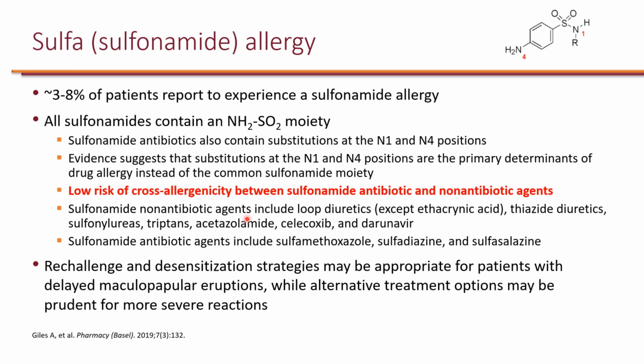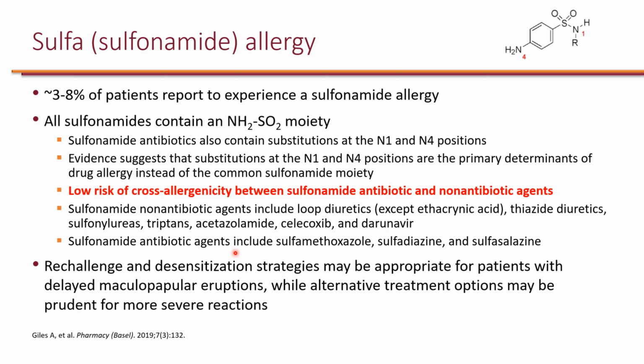And in general, sulfonamide non-antibiotic agents include loop diuretics like furosemide, thiazide diuretics, so hydrochlorothiazide for example, sulfonylureas, triptans that are used for migraine, acetazolamide, celecoxib, which is a COX-2 inhibitor, as well as some protease inhibitors for HIV, such as darunavir.